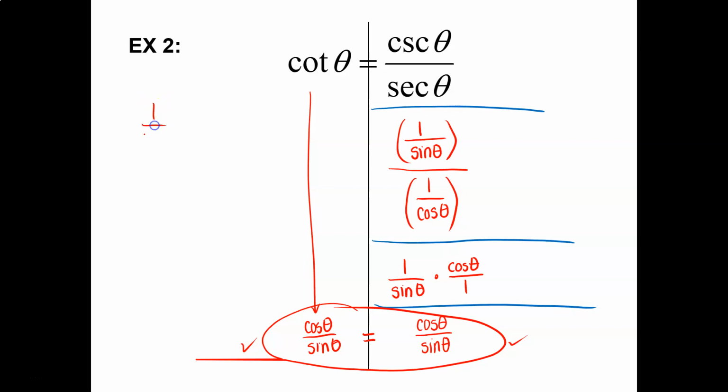Like I could do 1 over tangent theta, which could then be 1 over sine theta over cosine theta, which could then be 1 times cosine theta over sine theta, which would be this, but it's a lot easier just to use the quotient identity from the beginning. So 1 over tangent is not used a lot. It could be used, but it's not used a lot. So that's a good question, which is one of those answers where you just kind of have to try it and see if it works, and it may not.